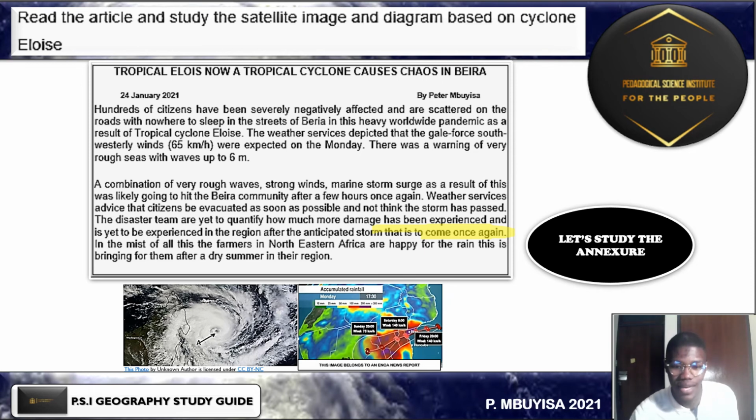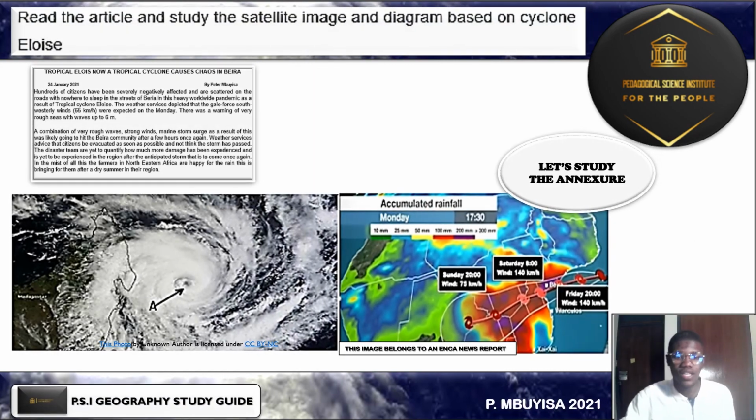So if you look at the diagrams here, we have a satellite image showing the storm, and we have label letter A. So let's just analyze an enlarged image of it. We have A there being enlarged, and they are most probably going to ask you to label A, and A is the eye.